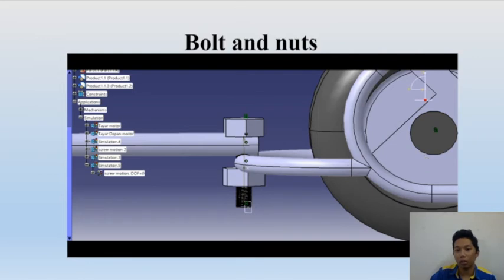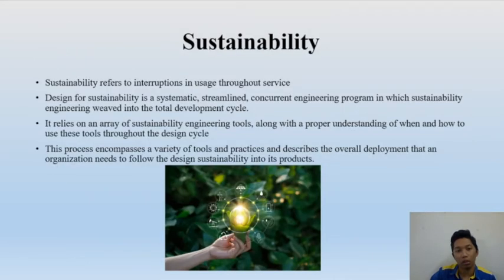Next, I will explain about sustainability. Sustainability refers to interaction in usage throughout the service. Design for sustainability is a systematic, streamlined, concurrent engineering program in which sustainability engineering is woven into the total development cycle.